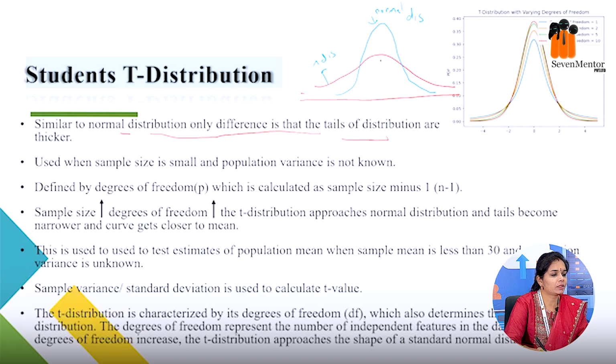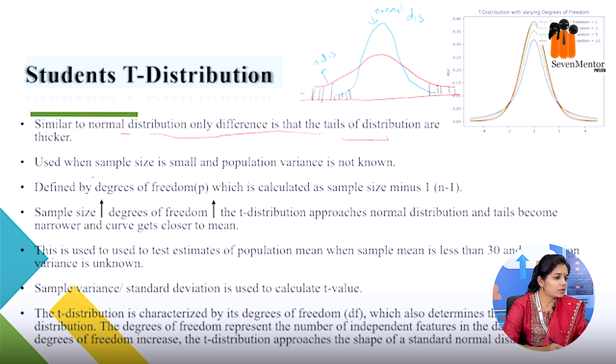I'll explain with this. Can you see, it is very thin, but these are so thick, correct? These are thick tails. So this is similar to the normal distribution, only the tails are thick.